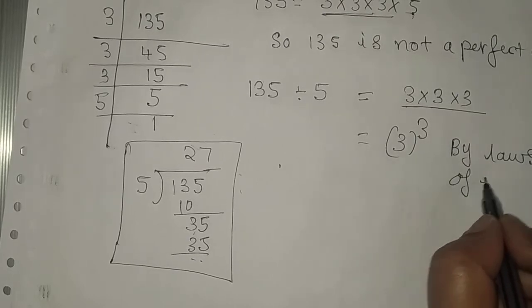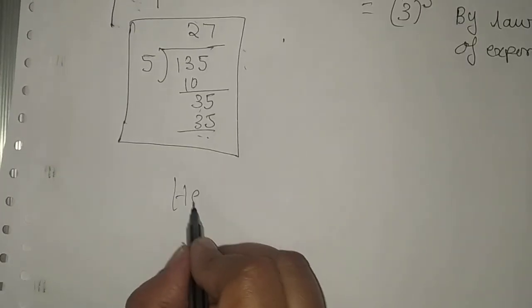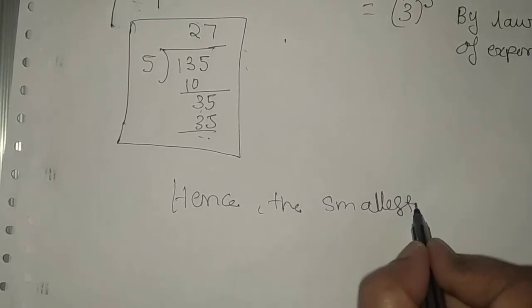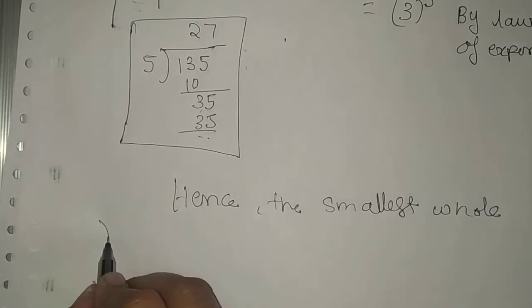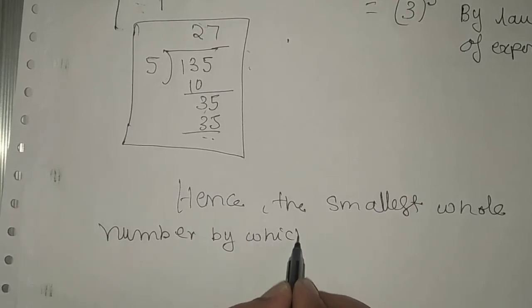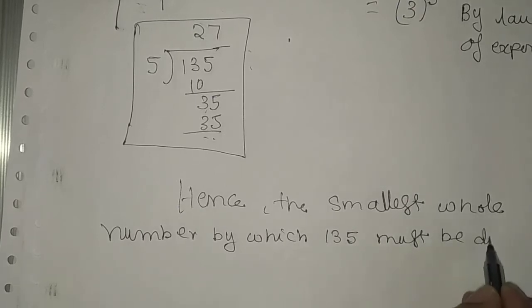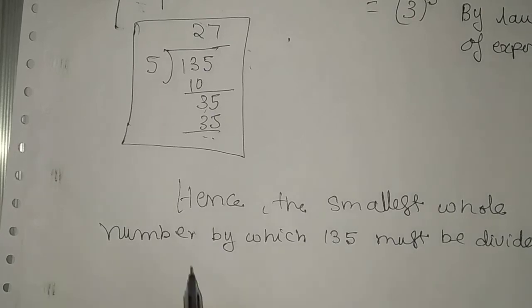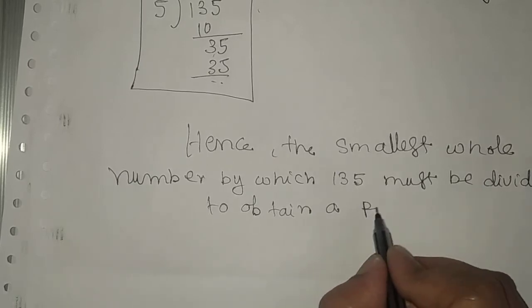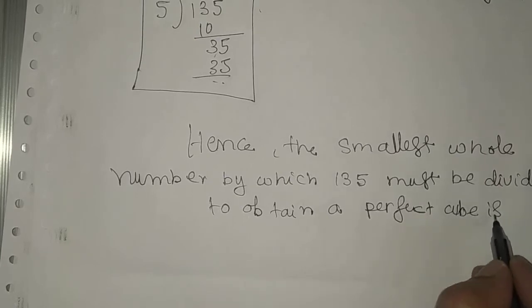So finally we write: hence the smallest whole number by which 135 must be divided to obtain a perfect cube is 5.